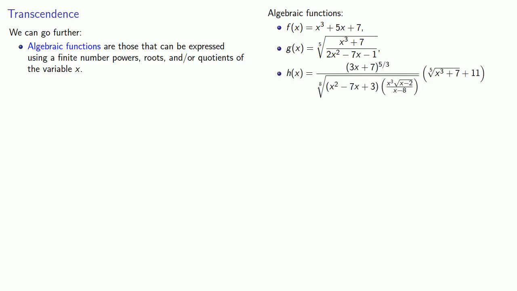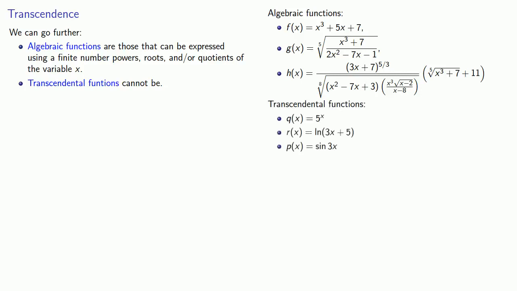On the other hand, transcendental functions cannot be expressed using finite numbers of powers, roots, and or quotients of our variable. And as a result, transcendental functions look like these horrifying expressions like 5 to the x, or log of 3x plus 5, or sine of 3x.